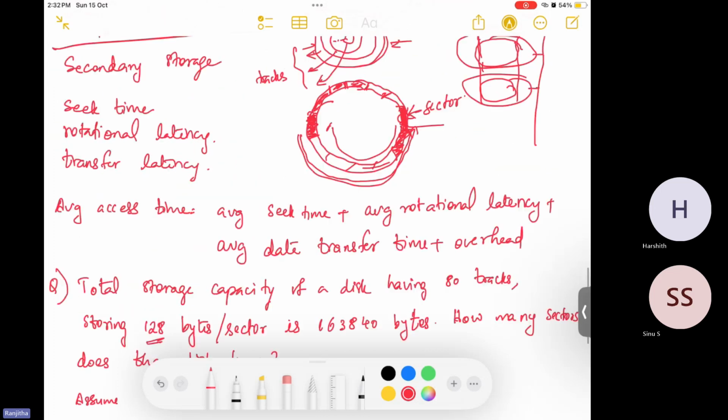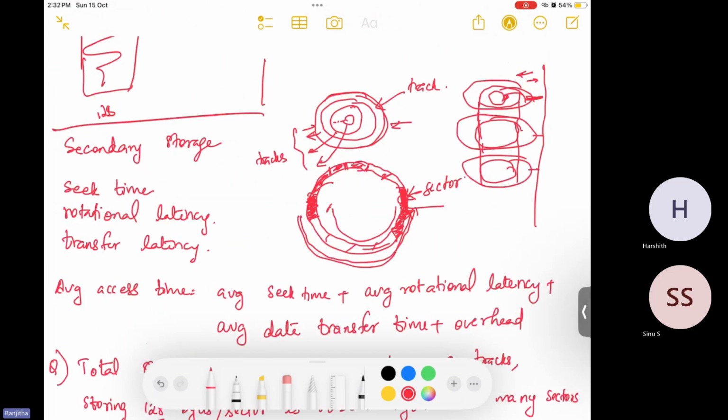So take this example. We have 80 such tracks, and this number of sectors is what is not known.